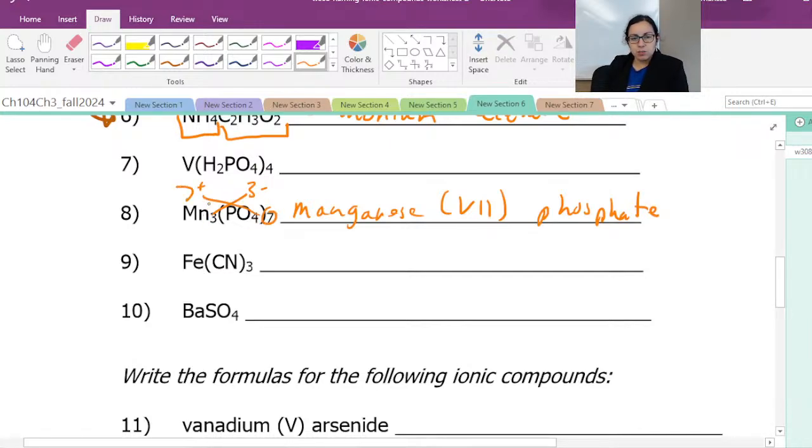So right, again, when you reverse the numbers, you want to compare, does -3 match with the correct charge of phosphate? Yes. So that means that 7 is our charge for manganese. And again, just double check the math, right? -3 times 7, -21. 7 times 3, +21. So that all looks good.